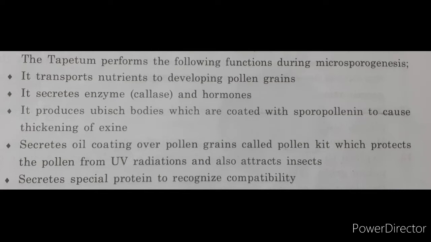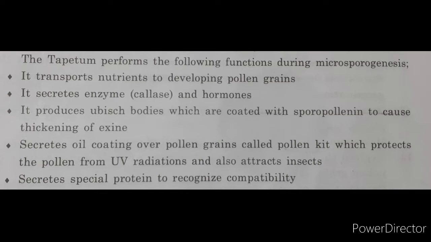The second function is that it secretes an enzyme. What is the enzyme's name? Callase enzyme, and it also produces different hormones. Then the next function, it secretes an oil coating over the pollen grains.